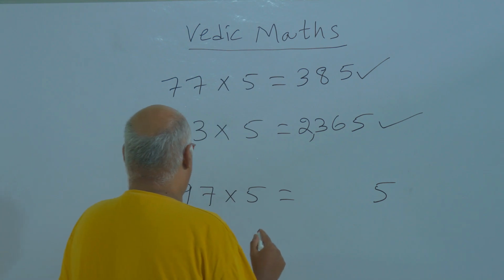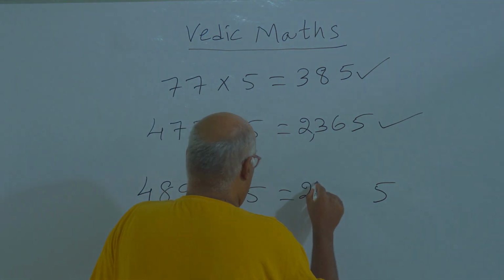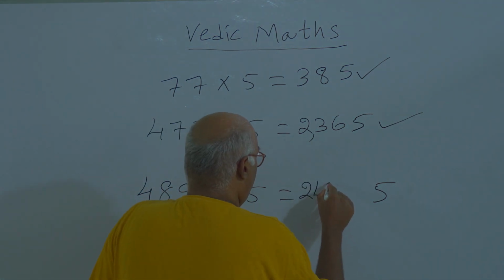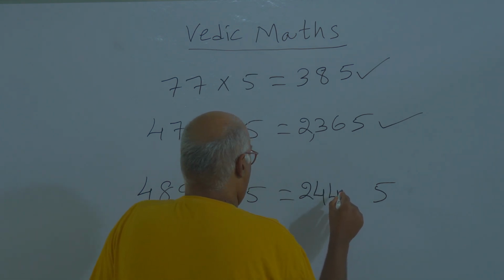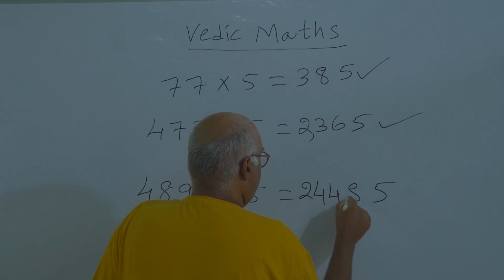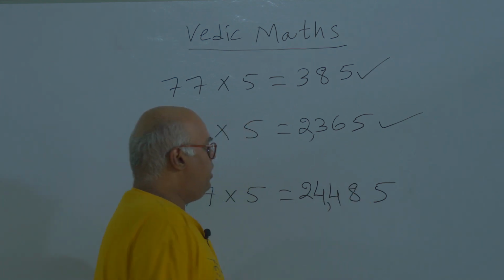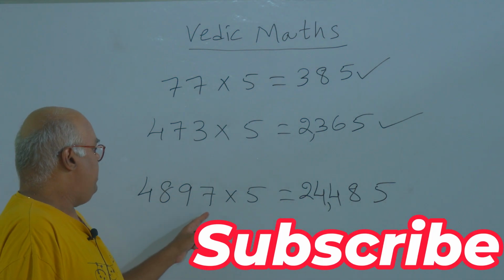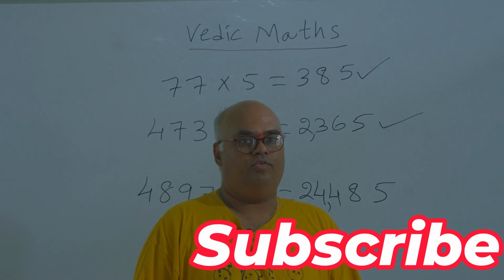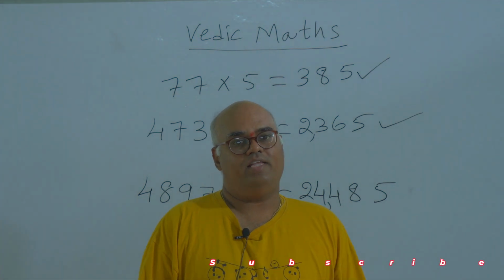Half of 4896 is 2448. So 24,485 is the required answer. So 4,897 into 5 is equal to 24,485. It's as simple as this.